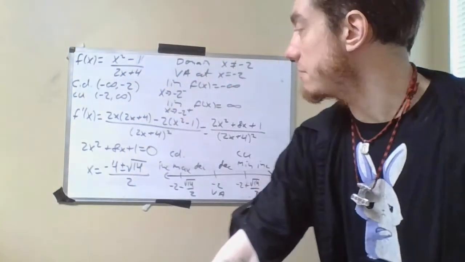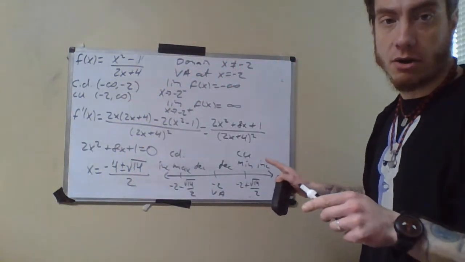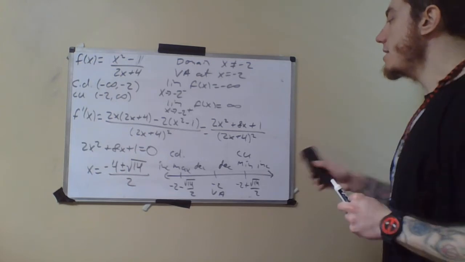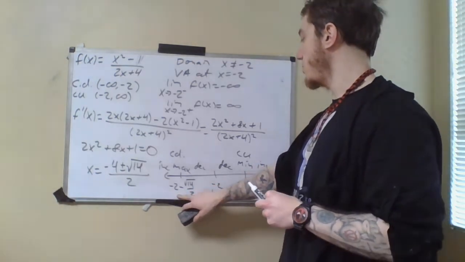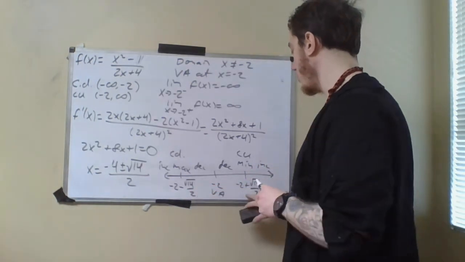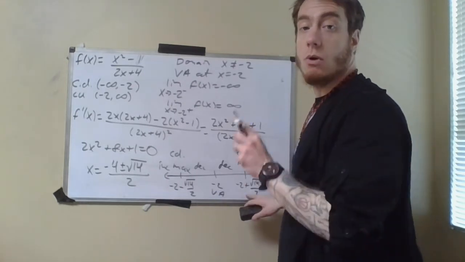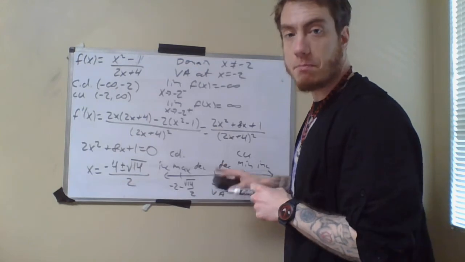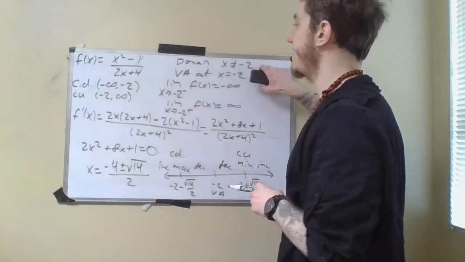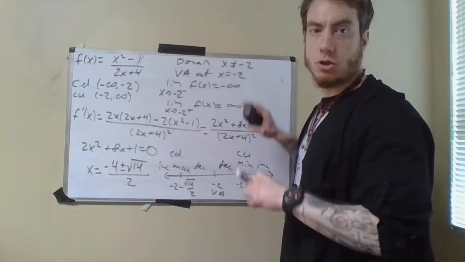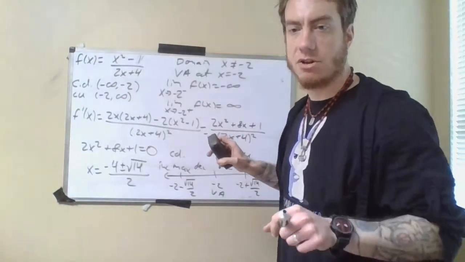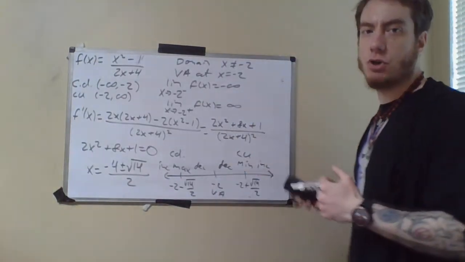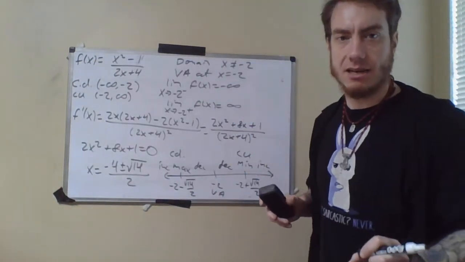One thing you've got to watch out for here is that you're not decreasing from negative 2 minus radical 14 over 2 all the way to this minimum. No, you're decreasing until you hit the vertical asymptote. You skip over the vertical asymptote because that is not in the domain. So it doesn't make sense to talk about the function increasing or decreasing at negative 2 at all. It doesn't exist at negative 2.